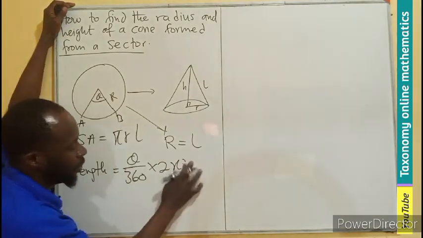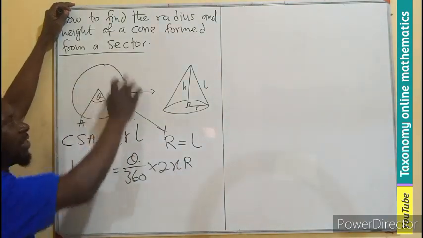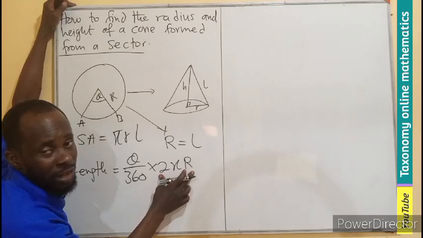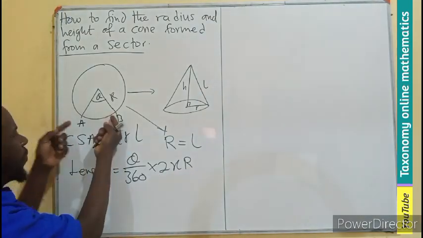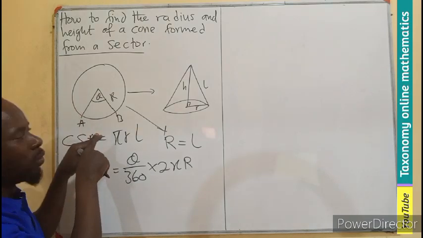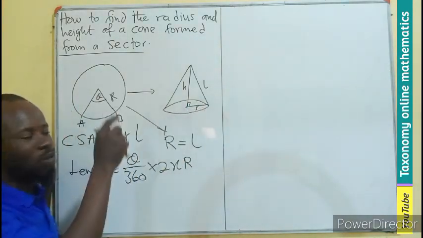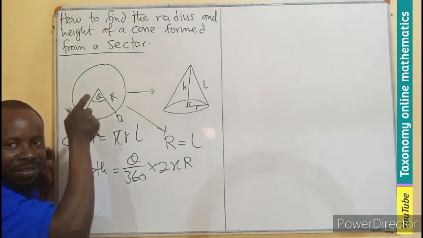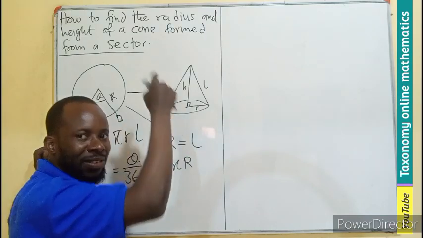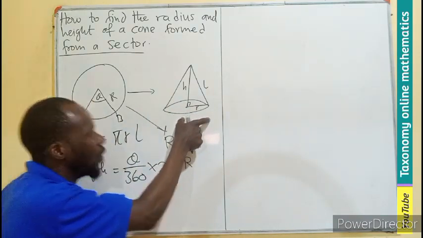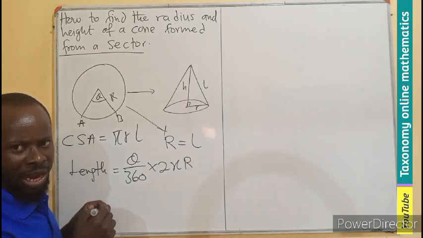Let me use capital R. It is 2 pi R because it is part of the circumference, and the circumference is 2 pi R. Now, if I fold this to form a cone, the circular part here is just going to be the circumference of this circle, which will be the same as the length of this arc. Do you agree with me?